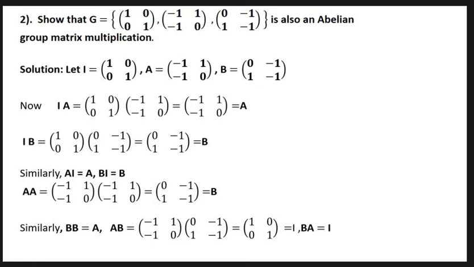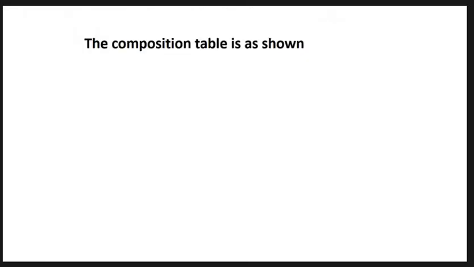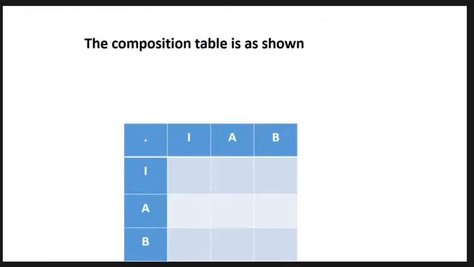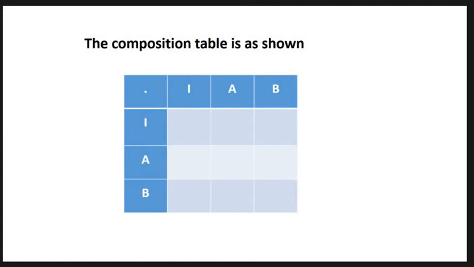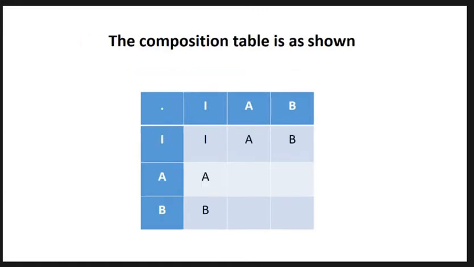So by using these results, let us have the composition table. See, in the composition table, I have taken with respect to multiplication I, A, B, and I, A, B. Now let us fill the composition table. First I into I. I into I means identity matrix into identity matrix. It is I itself.